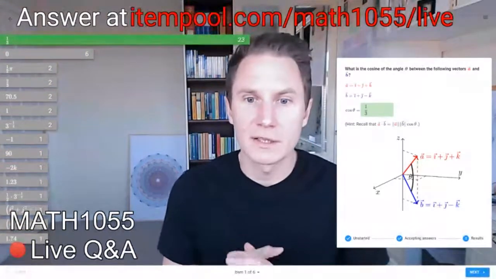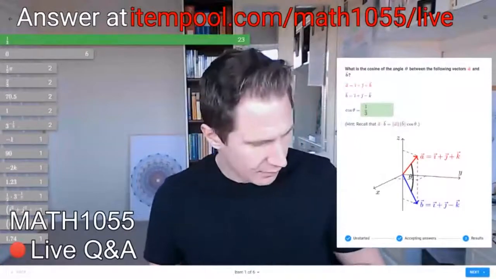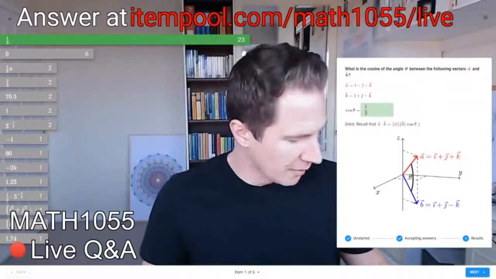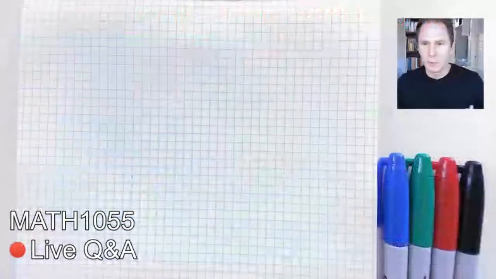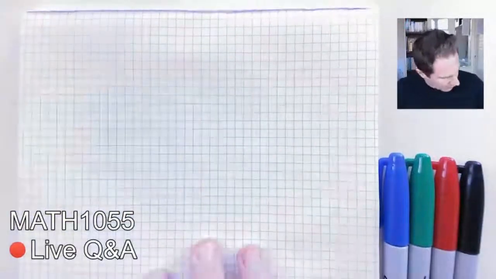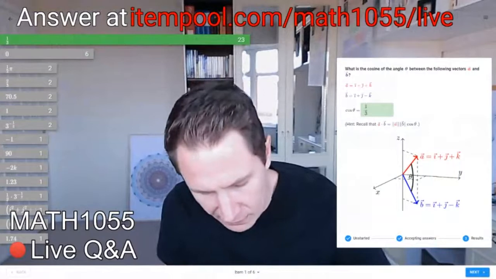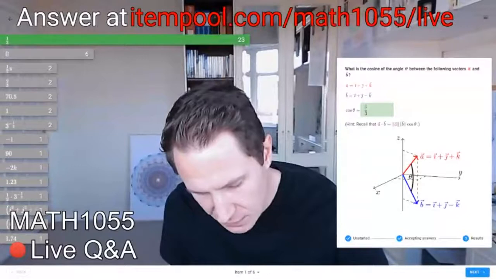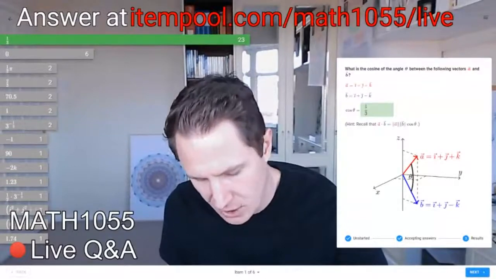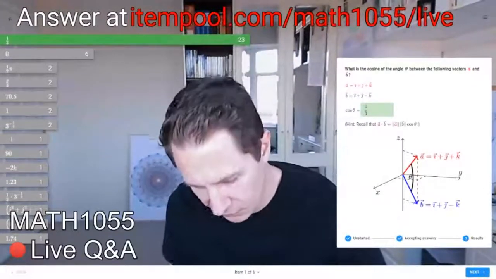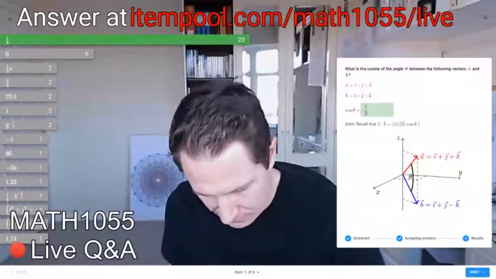Okay, so yes, the answer was the cosine of theta is 1/3. Probably there are at least 23 of you who could tell us how it went. But let me just quickly see what these vectors are. So we have A written as a linear combination of our standard basis vectors, i hat plus j hat plus k hat.